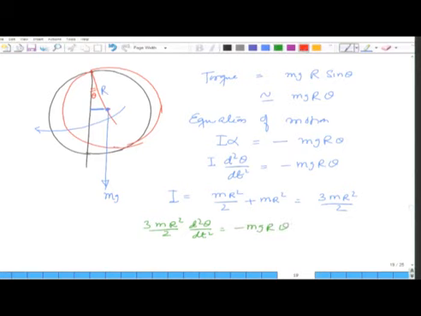Let us cancel m on both sides, and let us cancel one of the r's on both sides. Therefore, I get d2 theta over dt square is equal to minus 2g over 3r theta. So, omega square in this case is going to be 2g over 3r, and the time period T is going to be 2 pi square root of 3r over 2g.